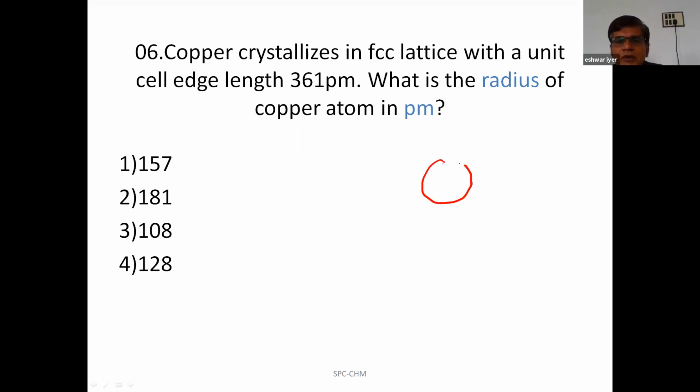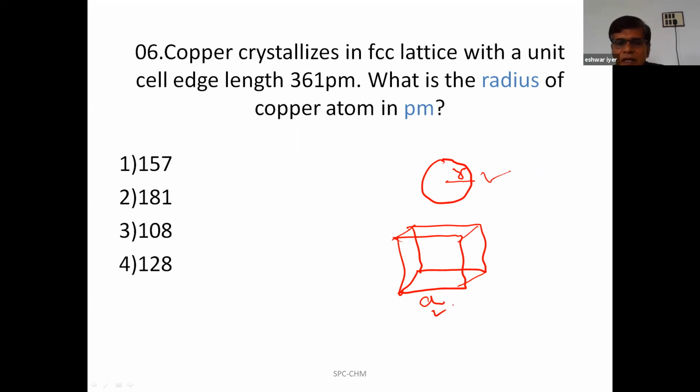If this is the copper atom, here is the radius. And if the unit cell is like this, I'll draw the unit cell also, and edge length is A. We'll have to relate R with A.